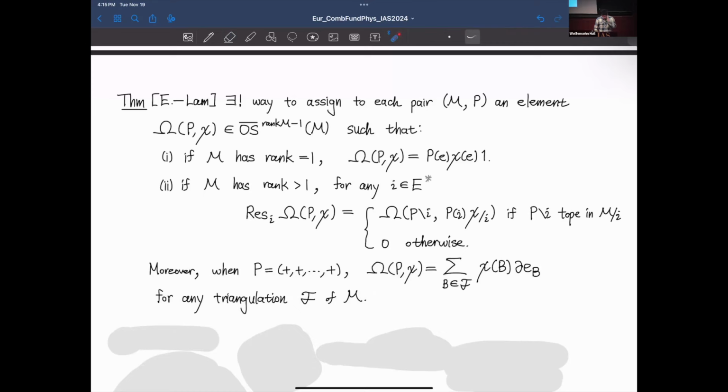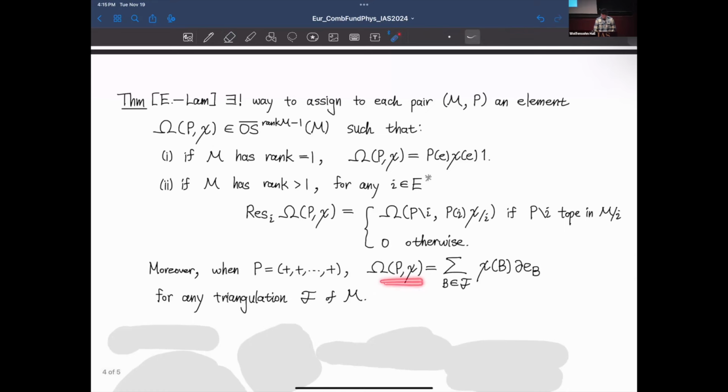And possibly, at least to me, a little more surprising is that this canonical element in the Orlik-Solomon algebra can be written as the summation of things that look like this, where one takes any triangulation, which I'll explain in a second, of the oriented matroid and sums over the bases that come up in the triangulation.